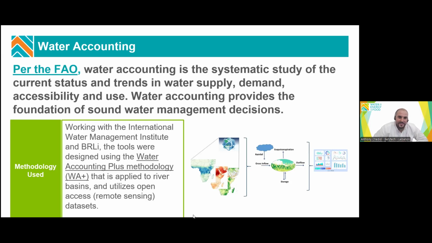This model takes into consideration aspects like rainfall, snow, the inflow of water into the river basin, and then they're able to calculate the evapotranspiration of the water and the use of it for agricultural purposes or other purposes along the food value chain, but also for other things like hydroelectric power, for example, as well as storage. And they also calculate the outflow of the water from the river basin.